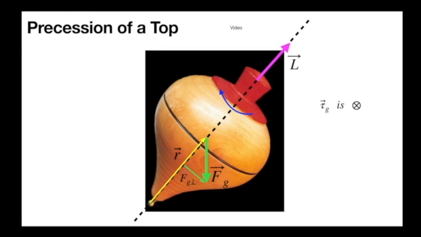And so what does a net torque mean? It means that we'll have a change in angular momentum that's into the page. Okay, so now we have an initial angular momentum and a change in angular momentum. And we know how to find the final, right? We just add them. They're vectors. And this is something that's cool about angular momentum, even though we're talking about two different axes of rotation.